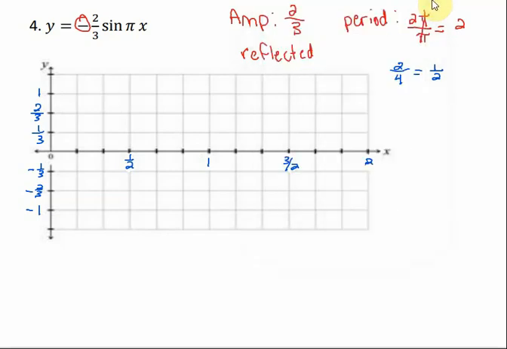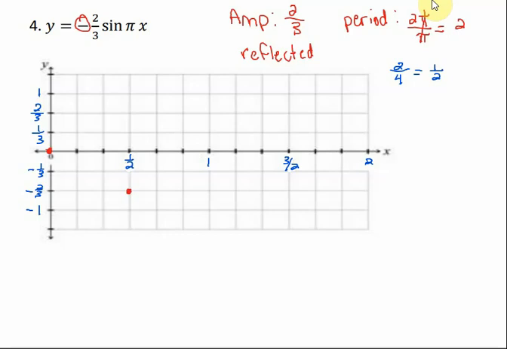Well, we know that sine starts at 0. Okay, so it's going to start at 0, 0. And since it's reflected, instead of going from 0 up, we're going to go from 0 down. All right, so we're going to go to our lowest point, which is negative 2/3 at our first quarter.